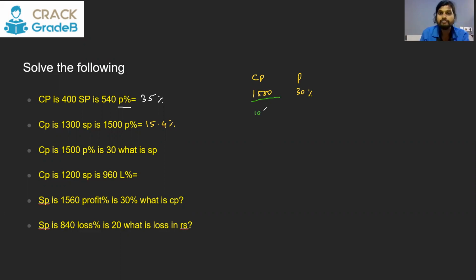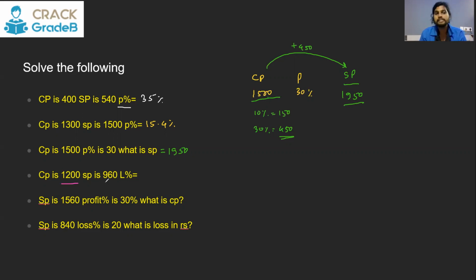What is 10% of this? 10% is 150. So 30% is going to be 3 times, that is 450. That means you make 450 profit, or you sell the article for 450 rupees more. You add 450 to it and you sell it for 1950. So the selling price is going to be 1950. Easy.